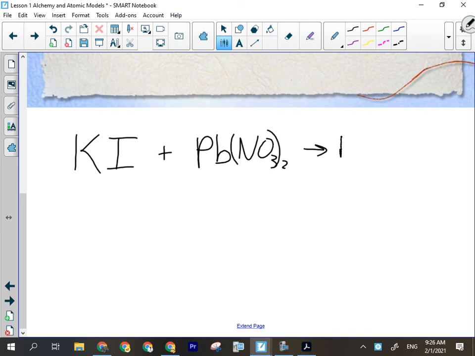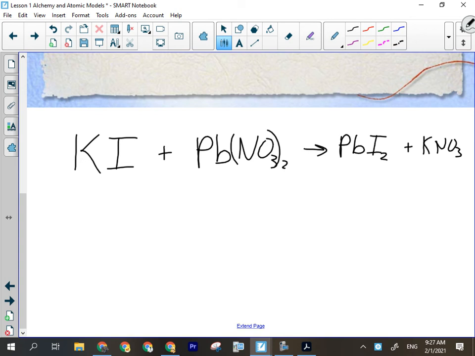And so you end up with this stuff, lead iodide, which is a yellow solid that used to be used in lead-based yellow paint, and this stuff, potassium nitrate, which is a soluble thing that would just sit on top of the yellow solid. But to an alchemist, it looks like they made something new.